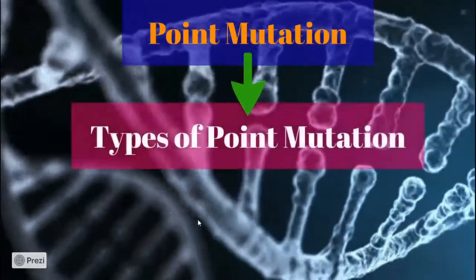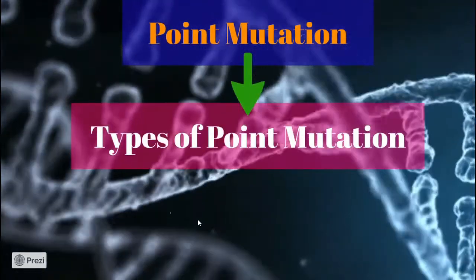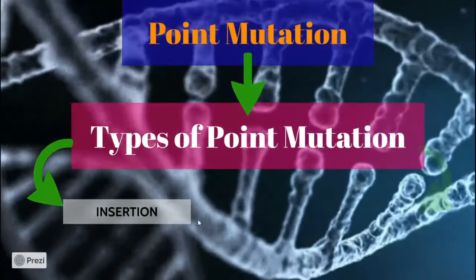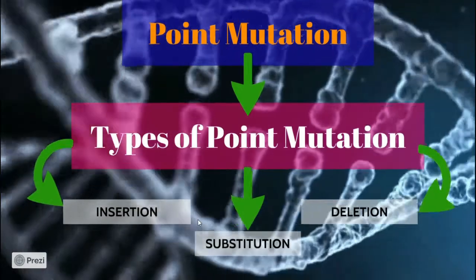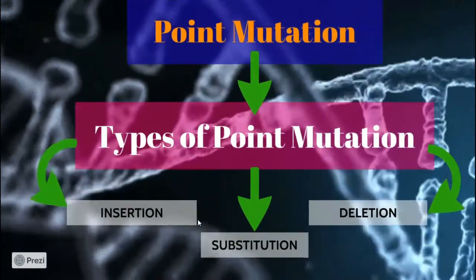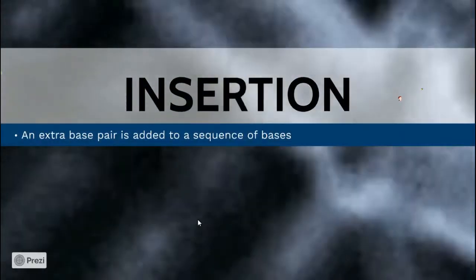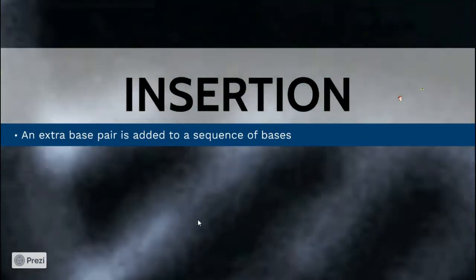In point mutation, there are three types. We have insertion, deletion, and substitution. Insertion is when an extra base pair is added to the sequence of bases.